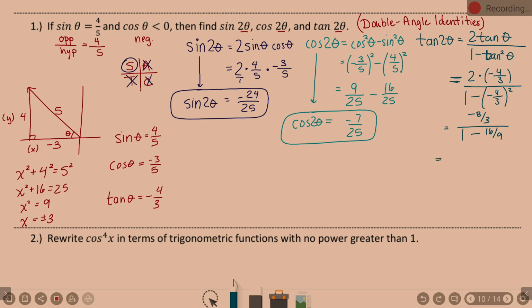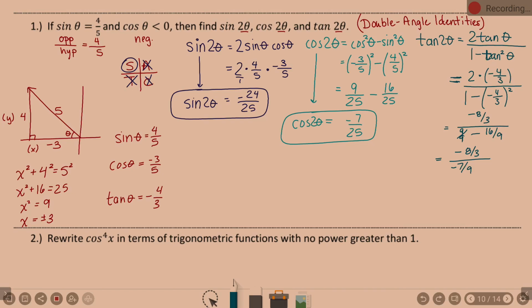What do you know about 1 in terms of ninths? 9 over 9. So right here, can I think of this 1 as 9 over 9? 9 over 9 minus 16 over 9 is going to be negative 7/9.